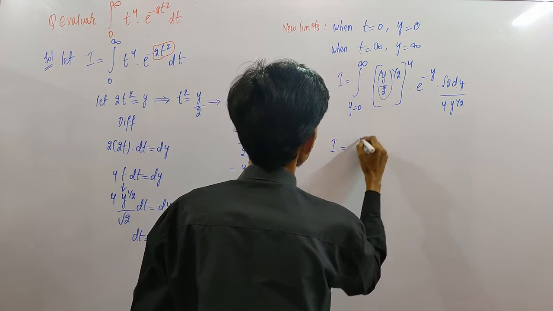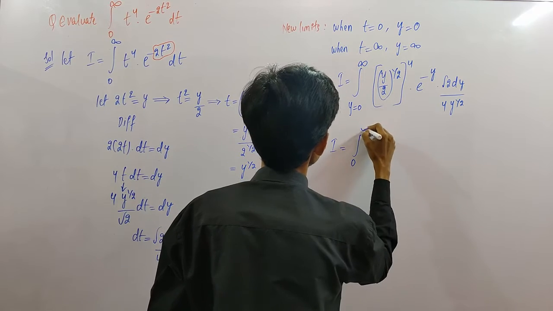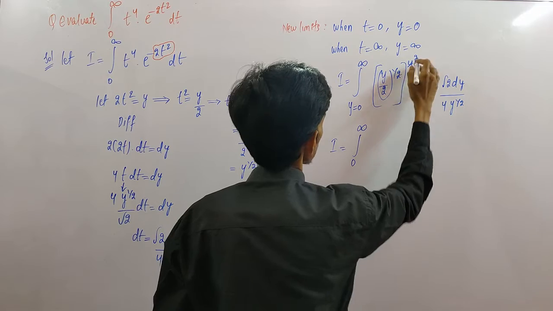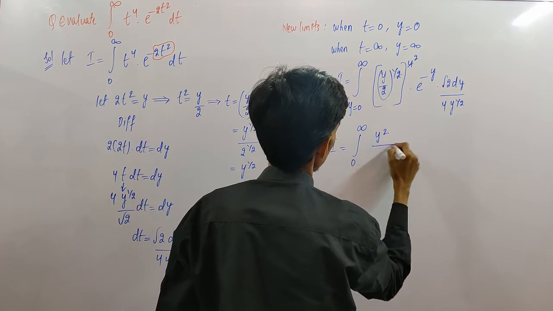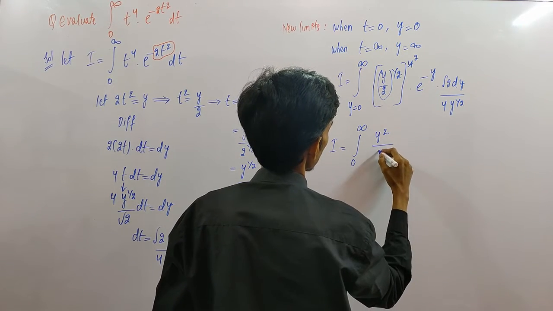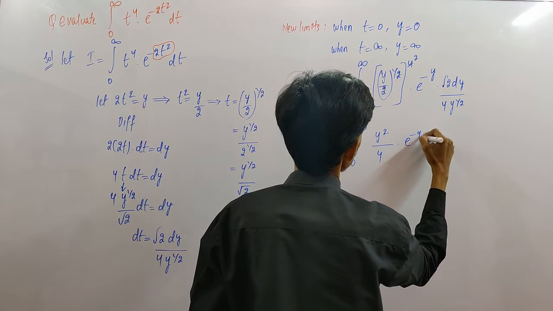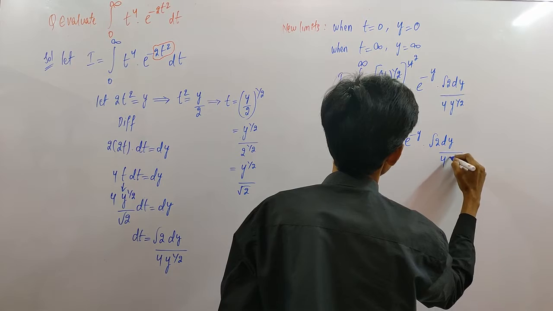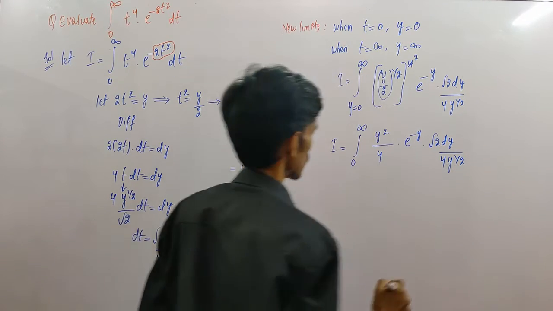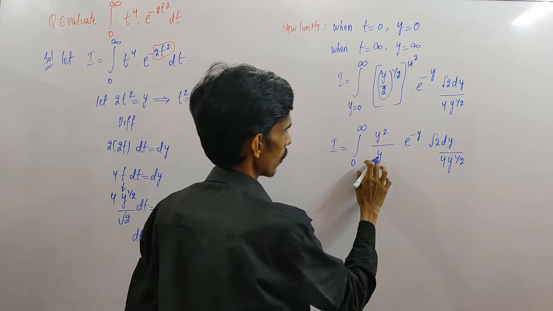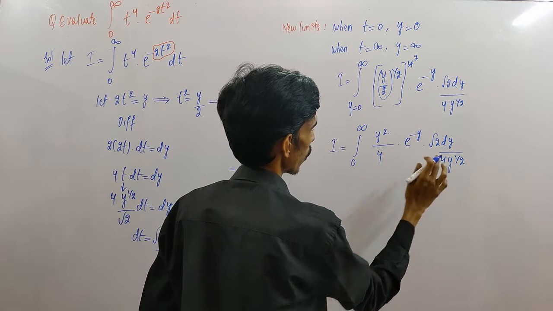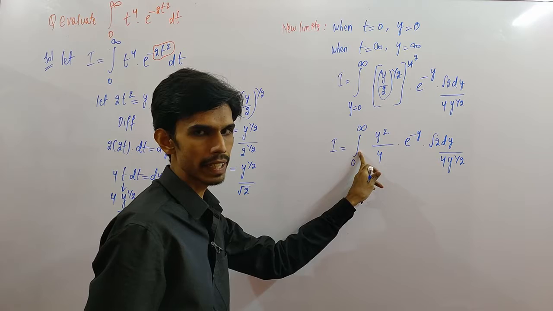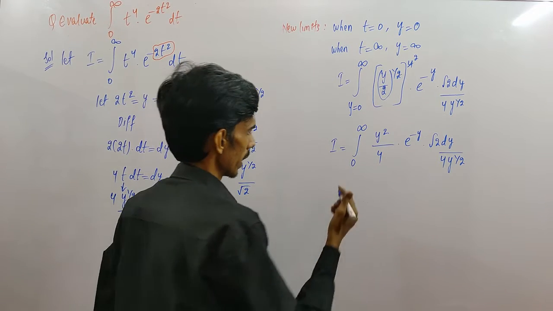Now I is equal to the integral from 0 to infinity, y square divided by 2 square, which is 4, into e power of minus y, root 2 dy divided by 4 y power of 1 by 2. Here we have constants root 2 and 4 and 4. These numbers are independent of the integral, so we can take them out of the integral.